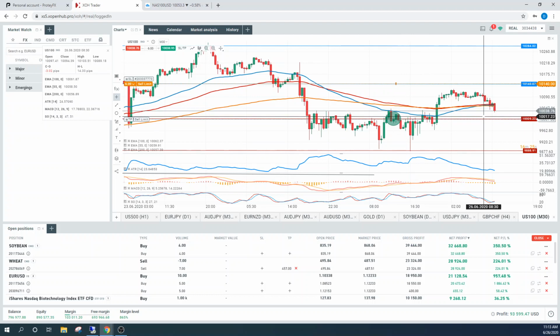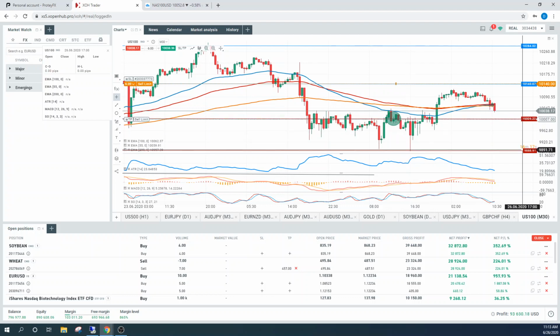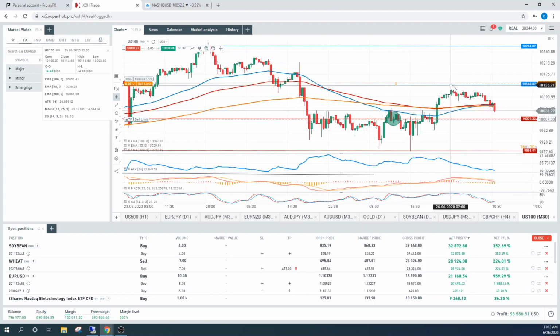You can see this red line, approximately 10,009, was the point where we placed the trade. It went down with a spike, and it tested our take profit level, and later we can see a return back and actually testing the previous level where we were seeing potential resistance one more time.